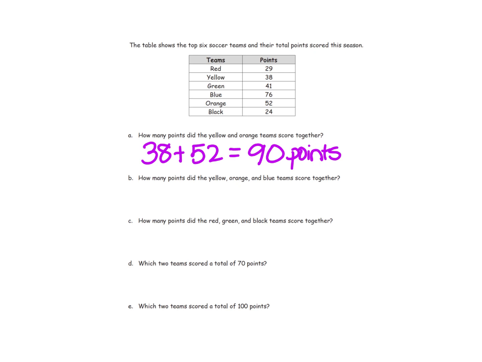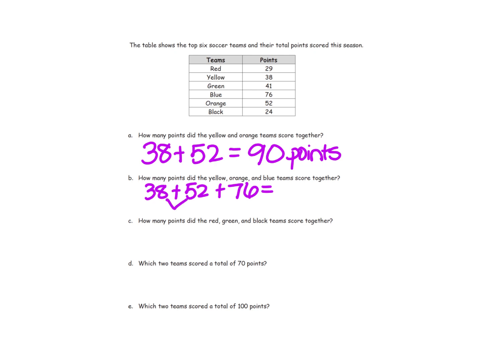Part B. How many points did the yellow, orange, and blue teams score together? Here's our yellow, orange, and blue. So we know that we have to add 38 plus 52 plus 76.